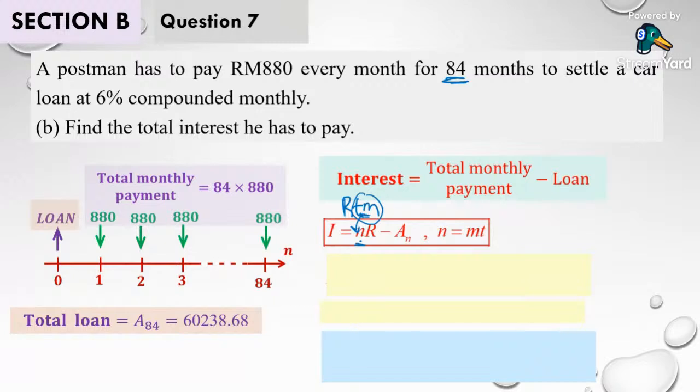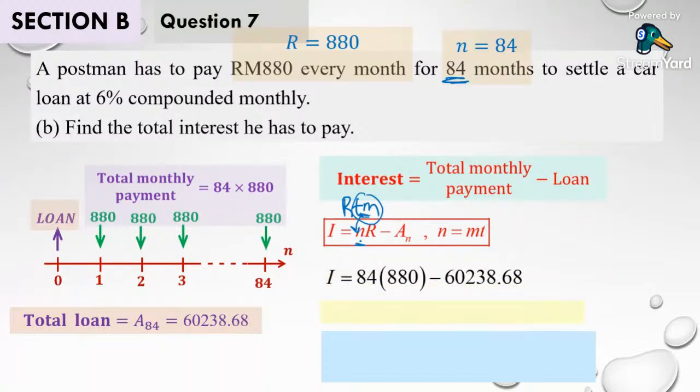We just plug in the 84. So as a result, again, we identify the information we want, the R and also the N, as well as the loan amount, and substitute accordingly into the formula. We got the answer as follows.